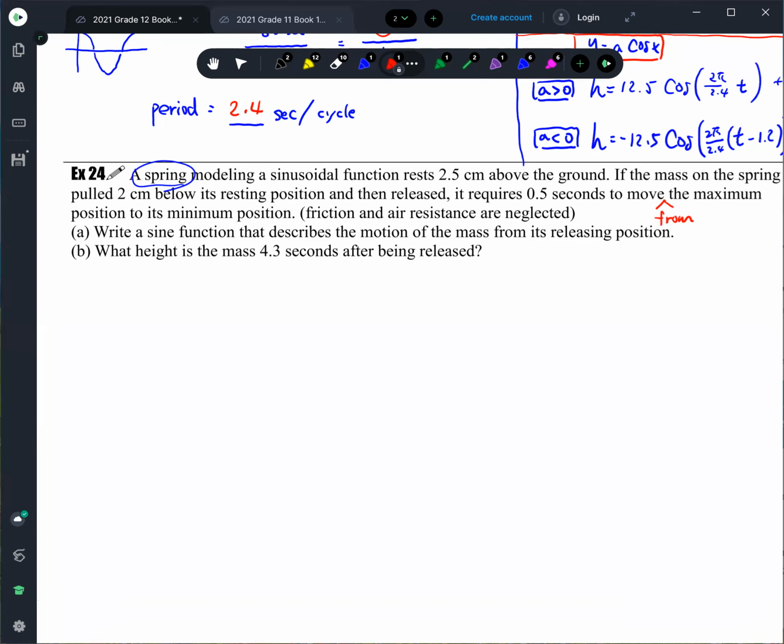And we ignore the friction and air resistance, which means it will just keep on going up and down, right? Goes to the minimum, go to maximum, and continue.